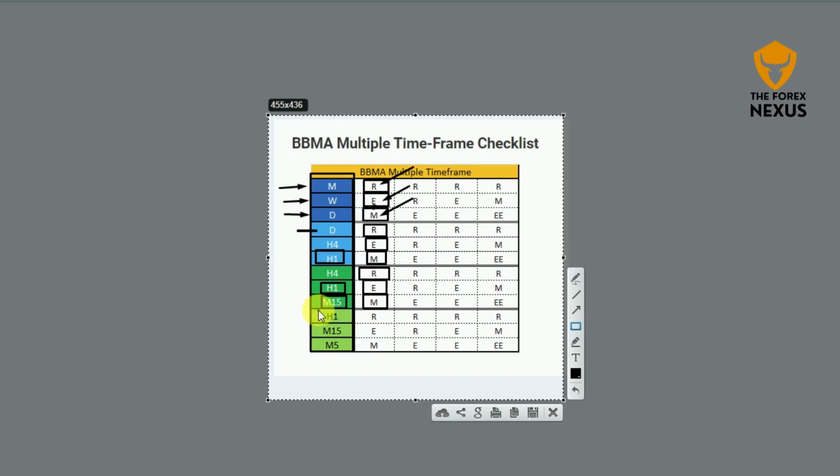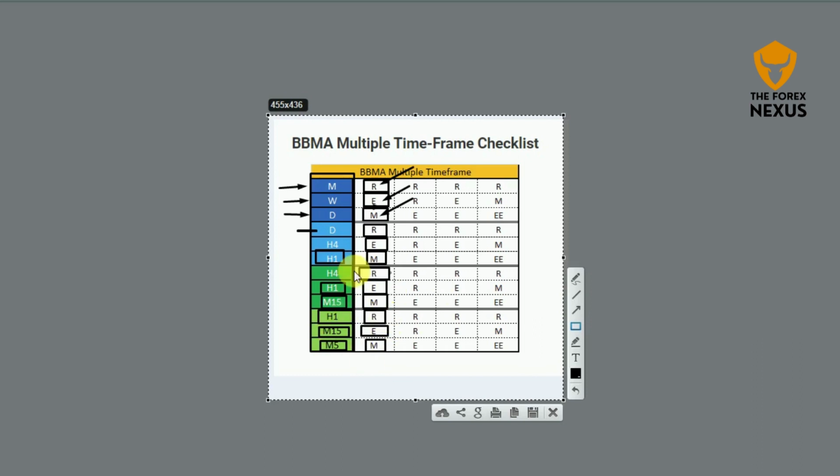Now if we got a re-entry on the H1 time frame, CSD or CSM, this is a re-entry. On M15 we will get extreme here on the second time frame, and MHV on M5.